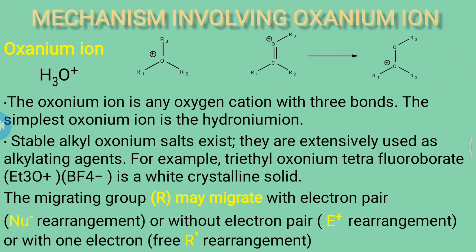An oxonium ion is any oxygen cation with 3 bonds, or octets. The simplest oxonium ion is the hydronium ion, H3O plus.